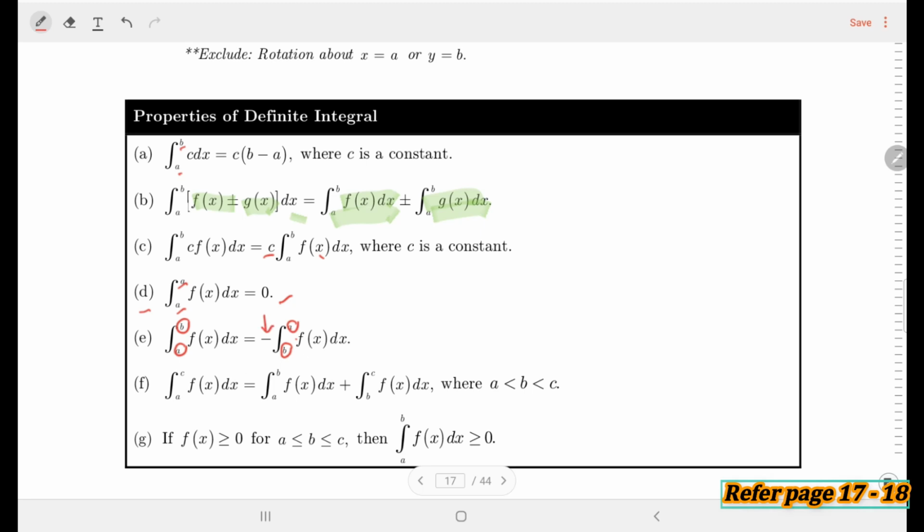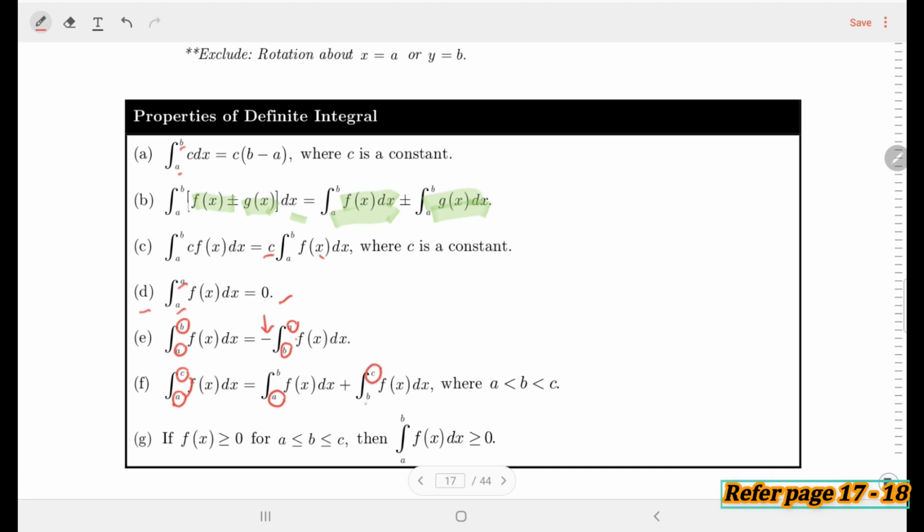For the next, part F. Now we look at the lower limit a to the upper limit c. We can split it into two integrals, from a to b and then from b to c.